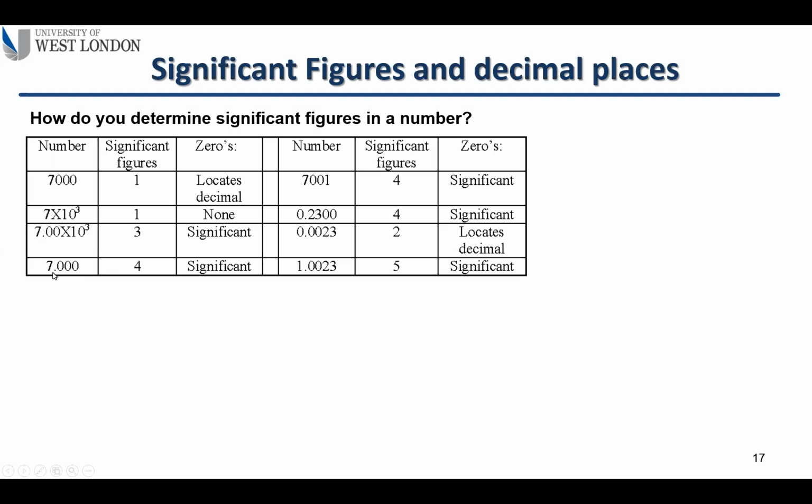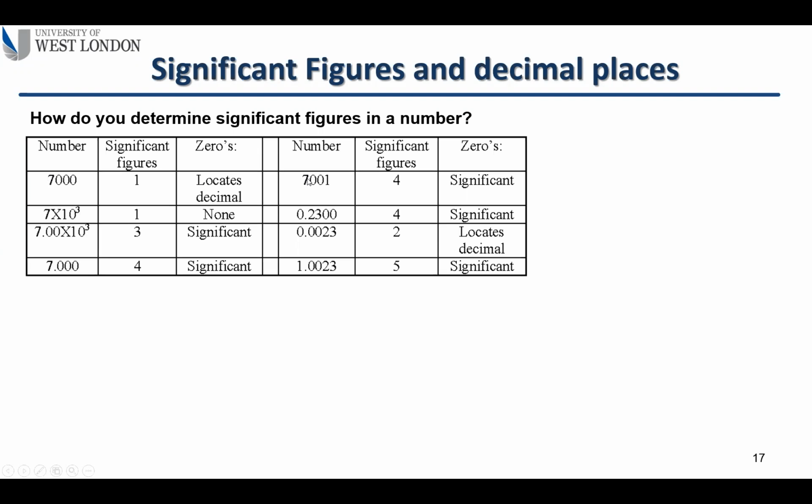If we look at this one, 7.000, we have 4 significant figures, including the 7 plus 3 zeros after the decimal place. If we look at the right-hand side, the change from 7,000 is that we just add 1, so we have 7,001.